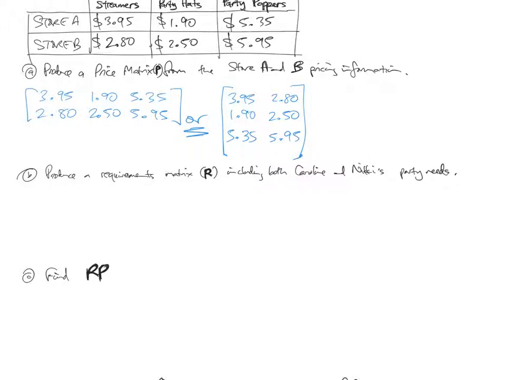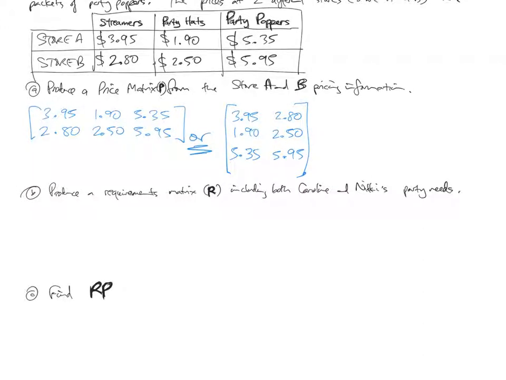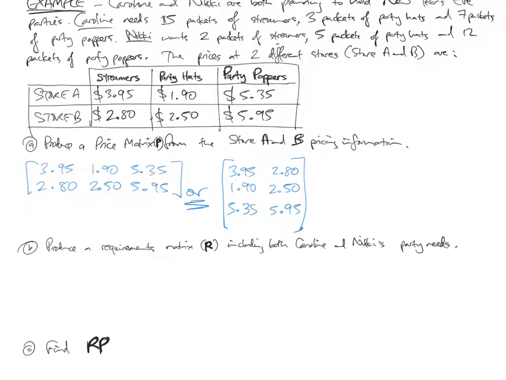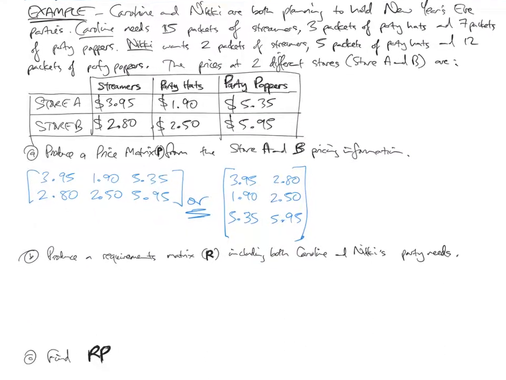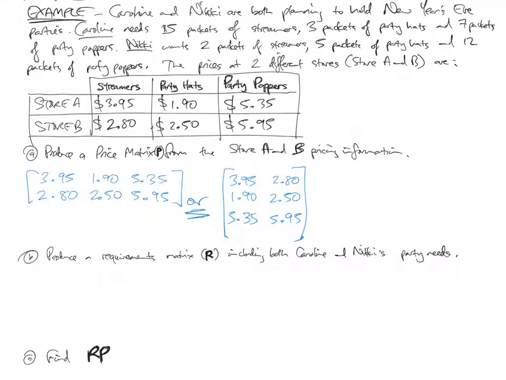Produce a requirements matrix R, including both Caroline and Nikki's party needs. Again, this is going to be 2 possible solutions. What if we did Caroline on the first row? She needed 15 packets of streamers, 3 packets of party hats, 7 packets of poppers. And Nikki on the second row, 2 packets of streamers, 5 party hats, 12 party poppers.